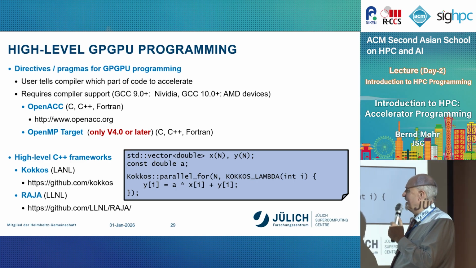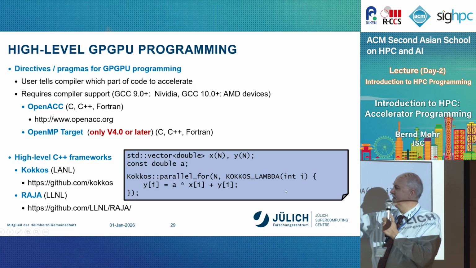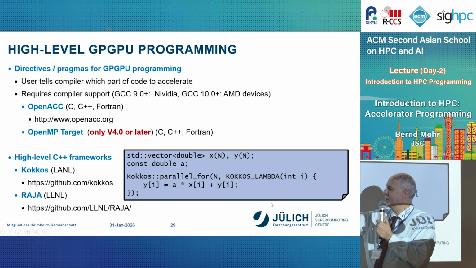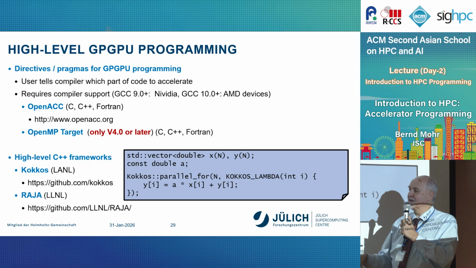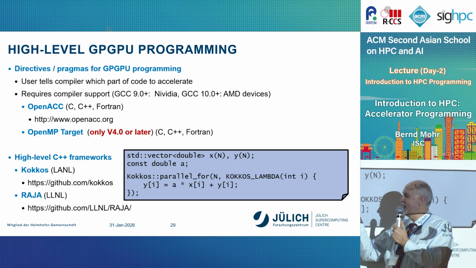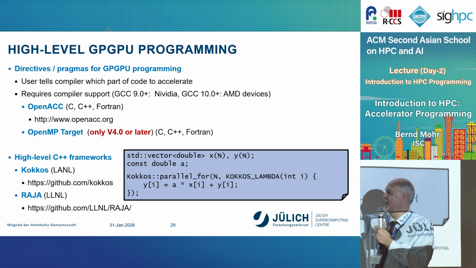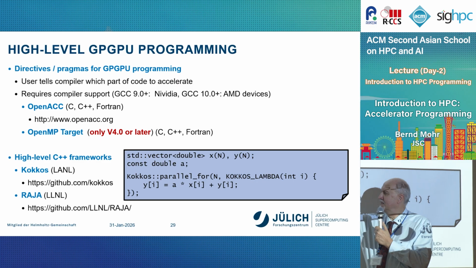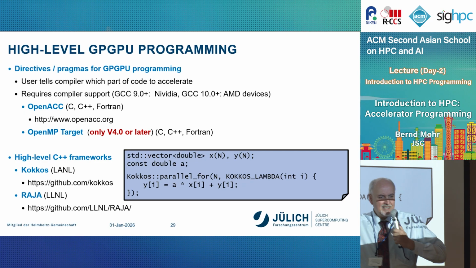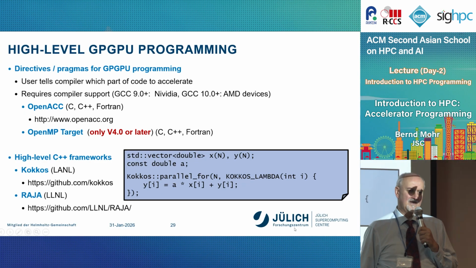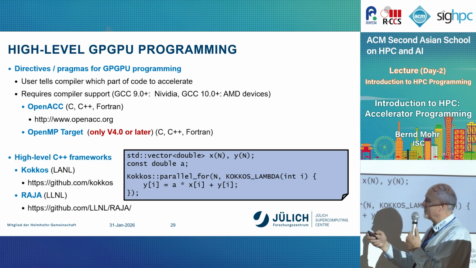For example, you want to add two vectors: you multiply the first vector by a constant and then add a second vector. Normally you would say for i from 0 to n, and then with OpenMP or MPI make it parallel. Now in C++ you say Kokkos parallel_for, and it creates the special code automatically for you on the GPU. The same thing here for OpenACC and target.